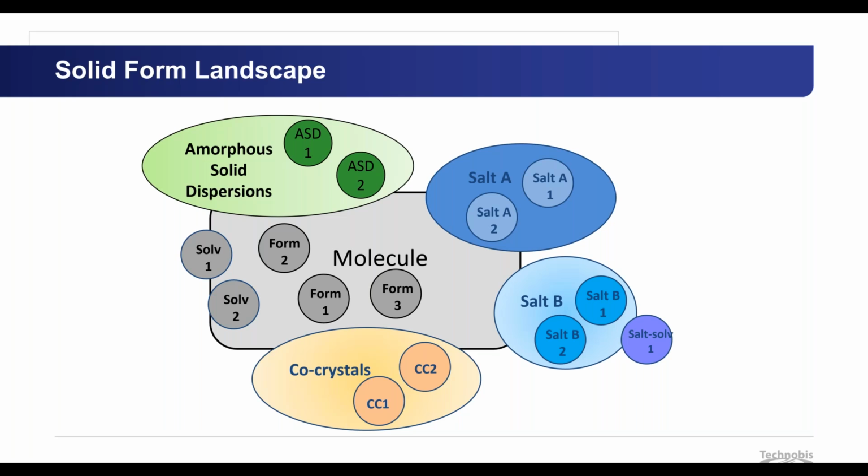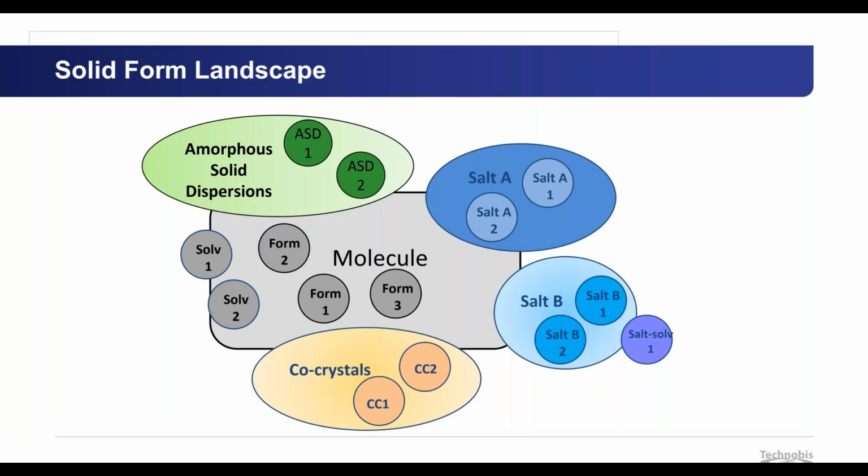The first one to look into is to make a salt. If you can make a salt with your molecule, then it is one of the first ways to improve the physical chemical properties of your molecule.